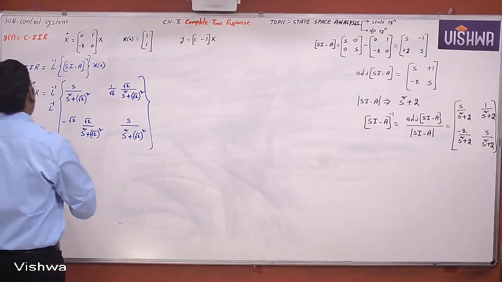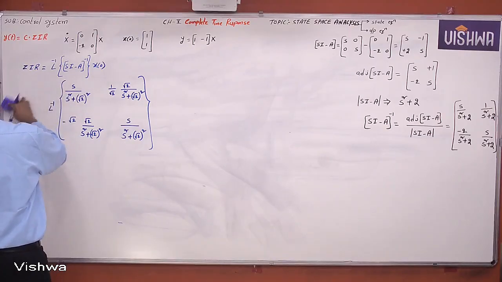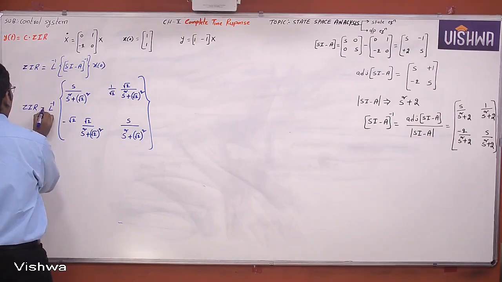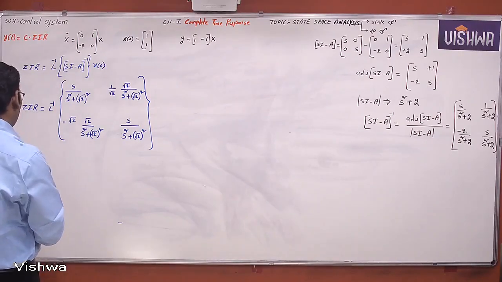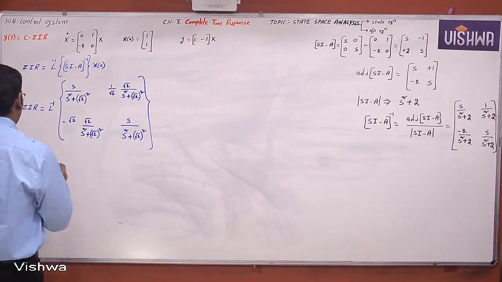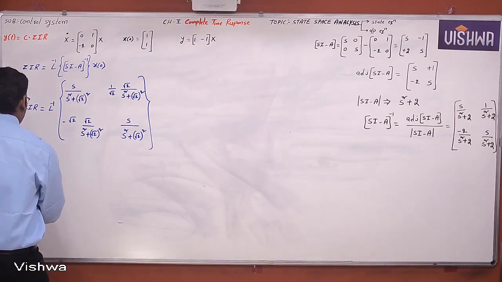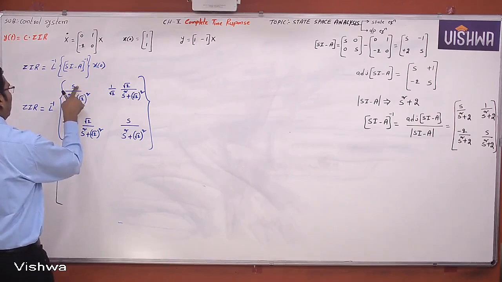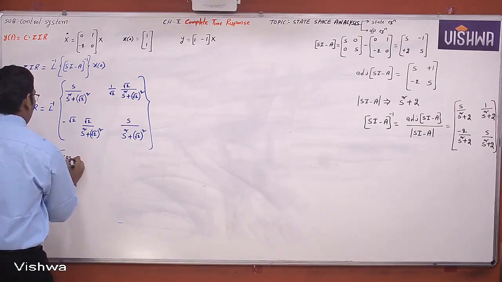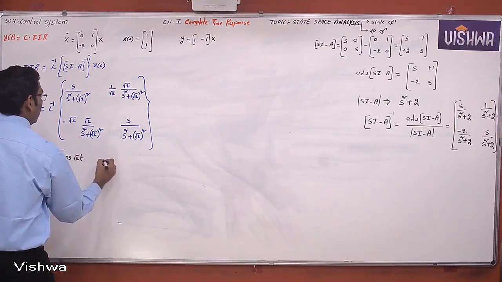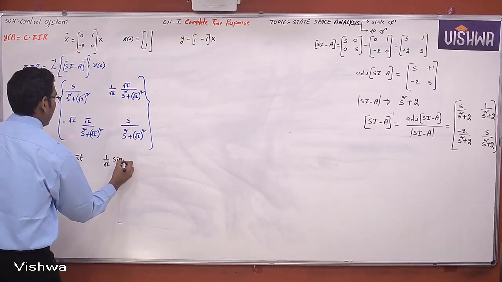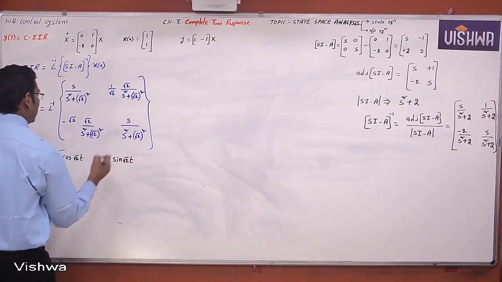This is the inverse Laplace transformation, this is the zero input response. Now the zero input response is nothing but the inverse Laplace transformation of this. Now this is cos root 2t, then 1 by root 2 into sin root 2t, b by s square plus b square.